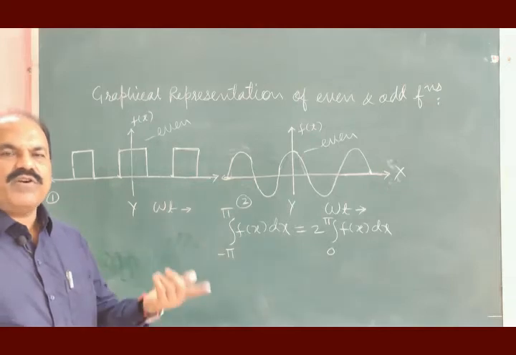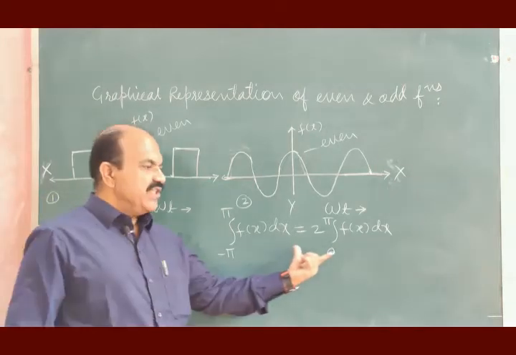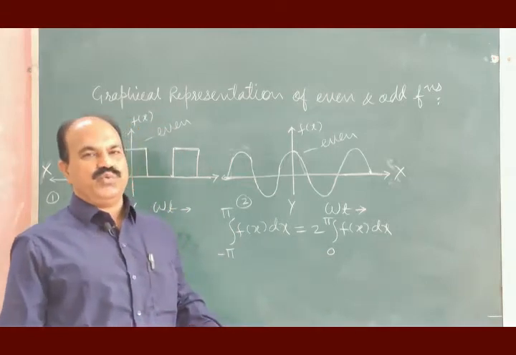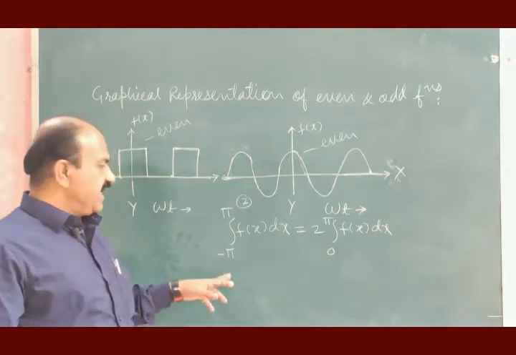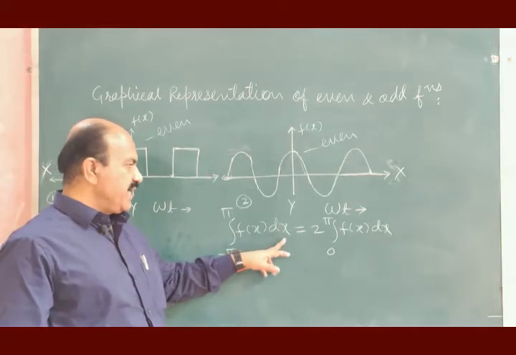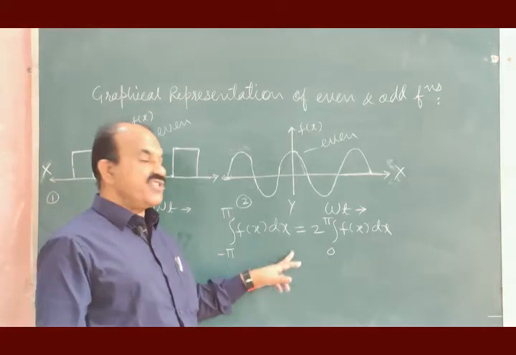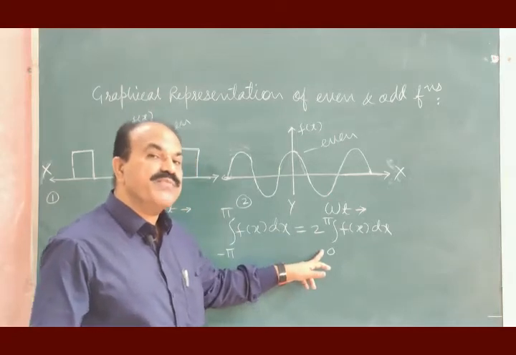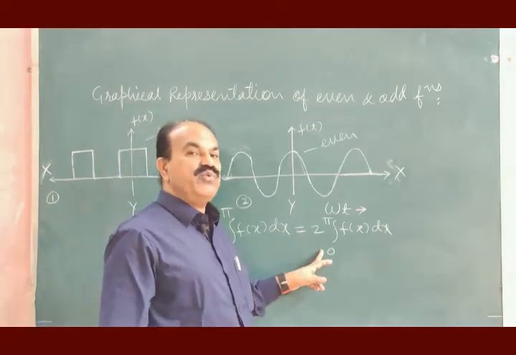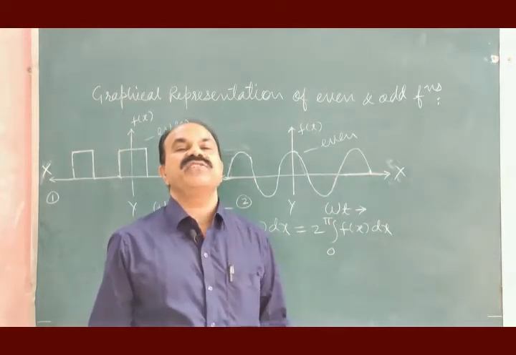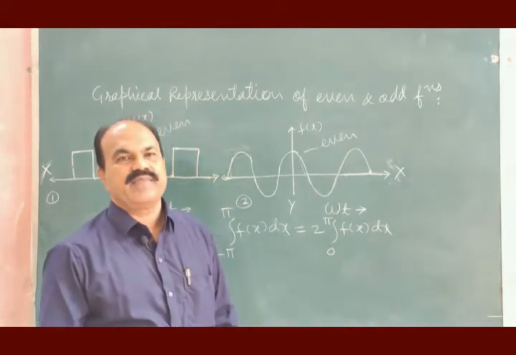Whenever function f of x is even, this mathematical identity is true. That is, integration with respect to x within the limits minus pi to pi f of x dx is 2 times integration with respect to x within the limits 0 to pi f of x dx.